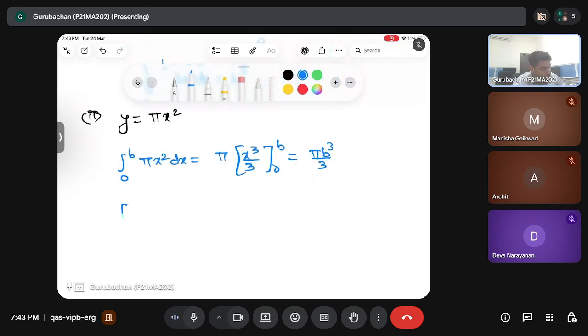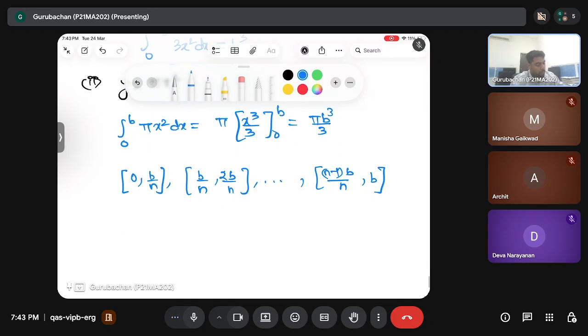So what will be the partition of the interval? Obviously the partition of the interval will remain the same because we are considering 0 to b itself, 0 comma b. Now tell me, this is summation k from 1 to n of f of ck delta xk.